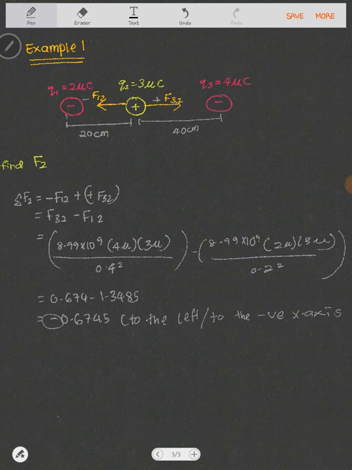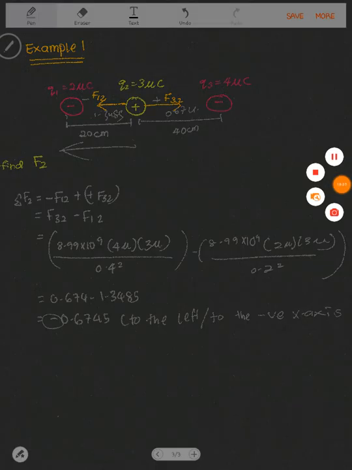Okay, kita check F12 ialah sebanyak 1.3485, sini pula sebanyak 0.674. So bila kita tengok positive direction ni lebih besar daripada negative direction, and then akhirnya negative direction ni yang lebih kuat, so dia akan pergi ke arah sini. So itulah dia.